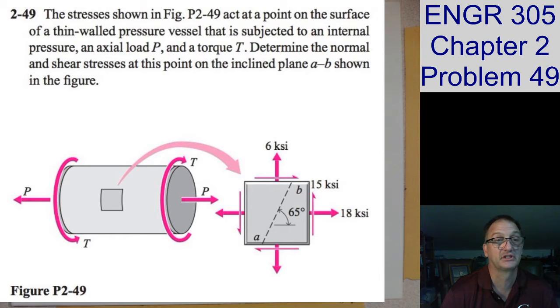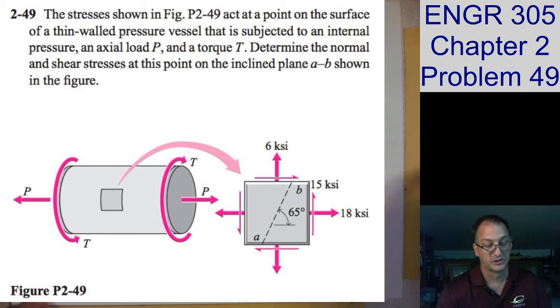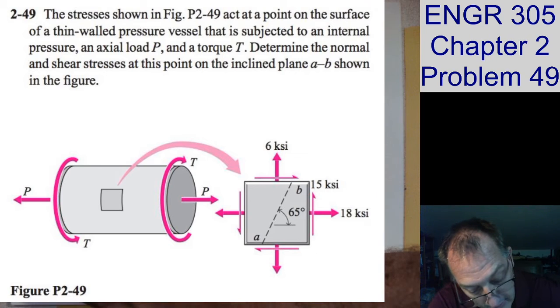And the question is simply find the normal and shear stresses at this point where this is taking place on the inclined plane. So I'm going to leave that up, but I'm drawing right behind here.